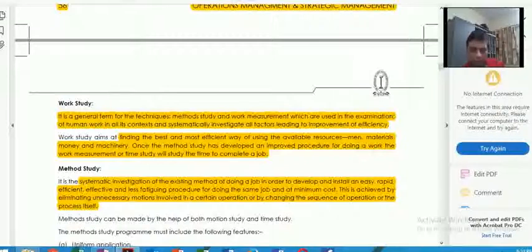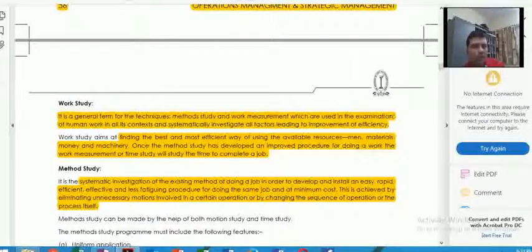In work study, we try to study the various factors which are going to play a pivotal role in the actual production or the operation for converting the raw materials to finished goods. If we try to explain this in a different way, we can say that work study involves the best possible use of the resources.